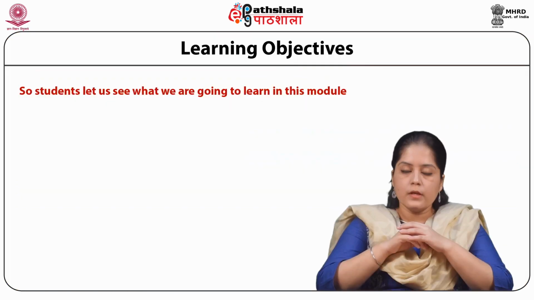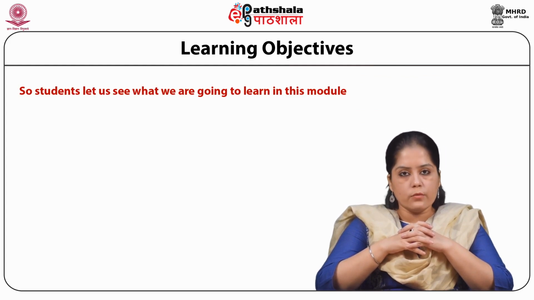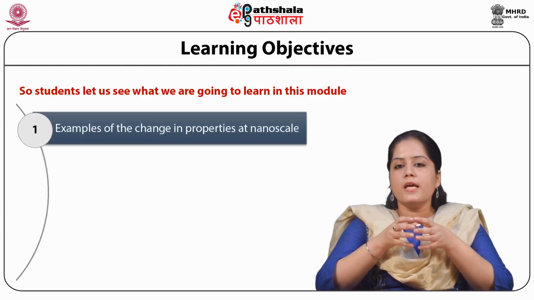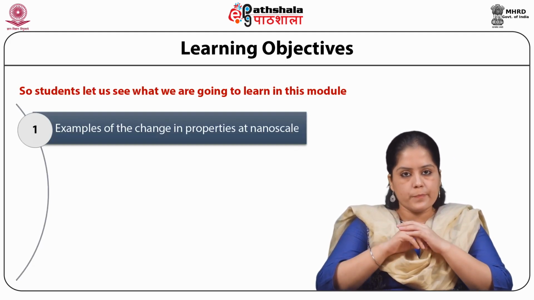So students, today we are going to discuss the module Examples of the change in the properties at nanoscale and the introduction to Mesoscopic physics from the paper Physics at Nanoscale. So, students, the learning objectives of this module are: first, the examples of the change in the properties at nanoscale will be discussed.